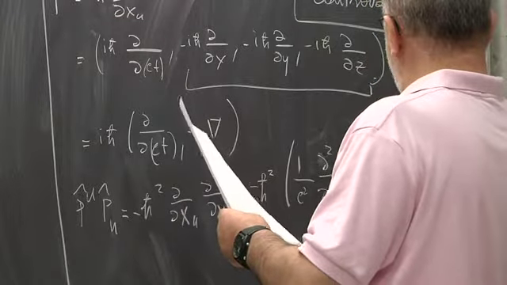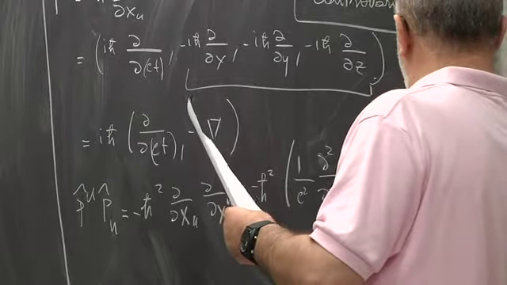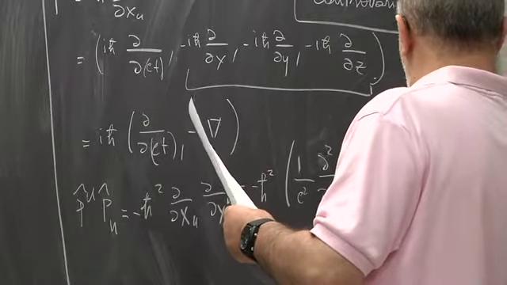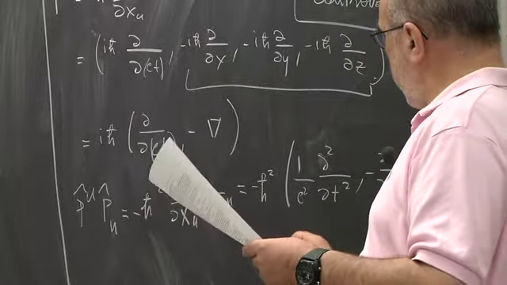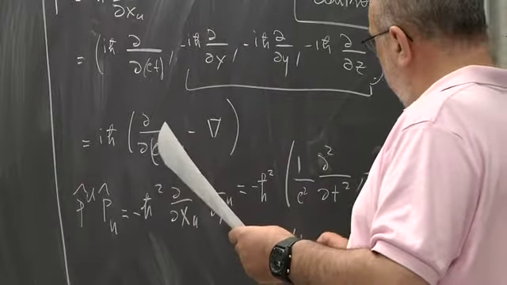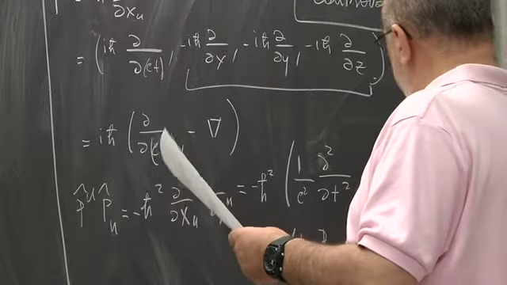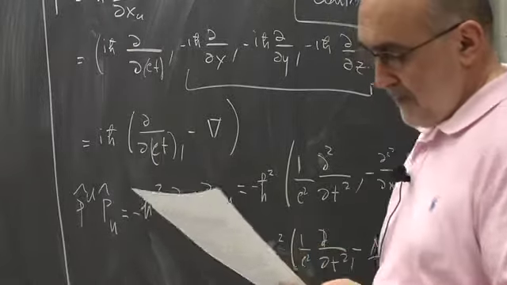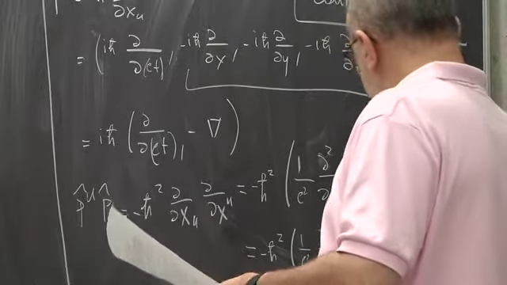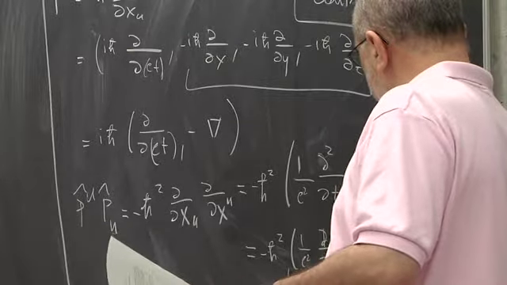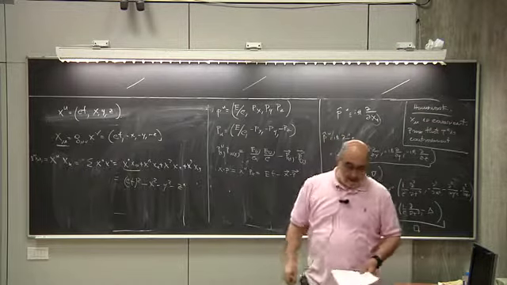And then I have d dx squared minus d dy squared minus d dz squared. Okay, so this is basically minus h squared, 1 over c squared d dt squared minus the Laplacian. Okay, this object sometimes is also called the four Laplacian, these box things.